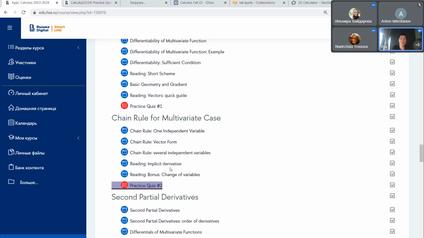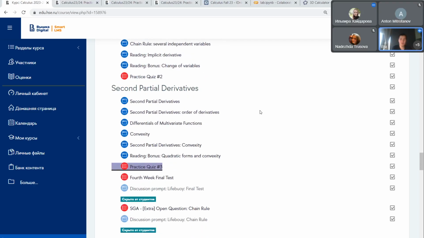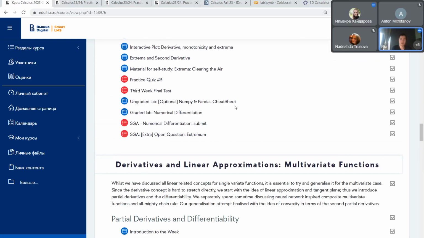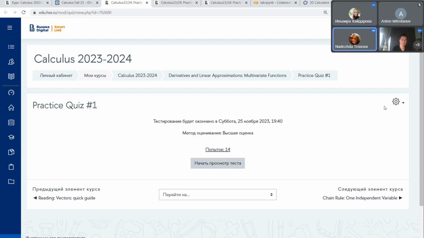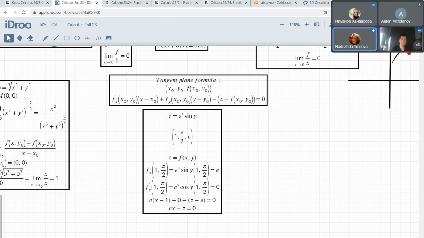So okay, we can open the tasks from practice quizzes and we can discuss them. Usually students have plenty of questions about the external task. So I don't know, maybe have you seen the external task? And if you have seen it, maybe you have any questions. It was really a good question. Really, one of my favorite tasks from the calculus course. Am I right that it's about the value theorem and in terms of proof?